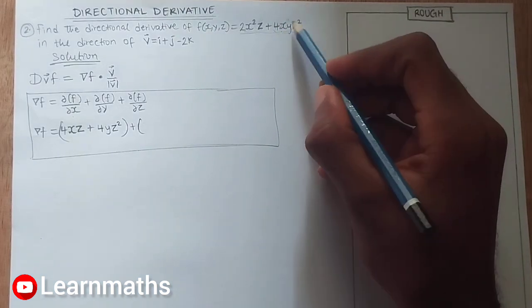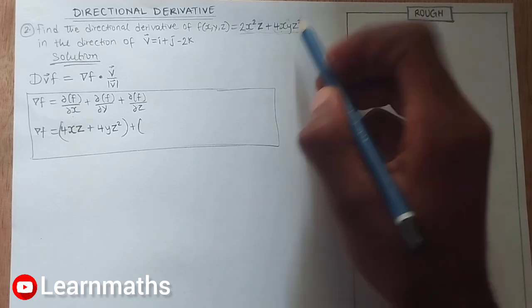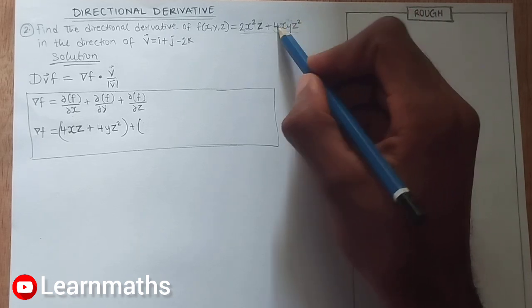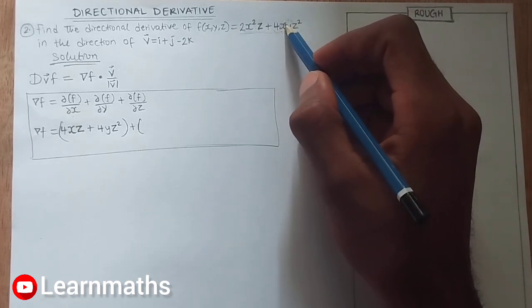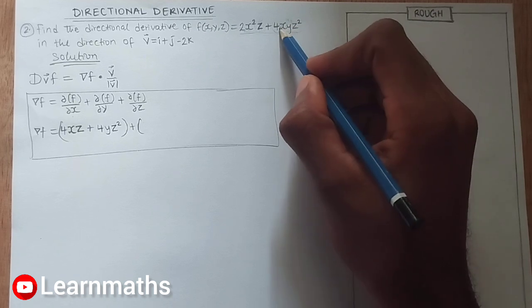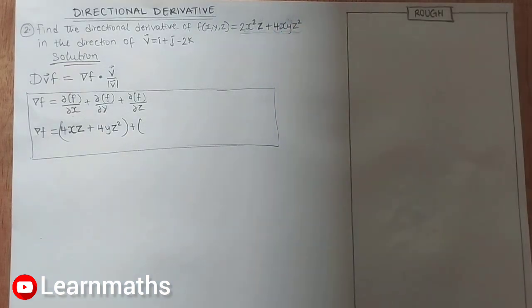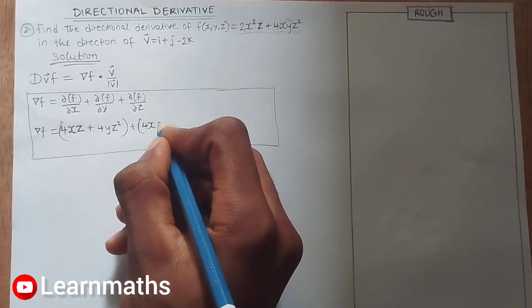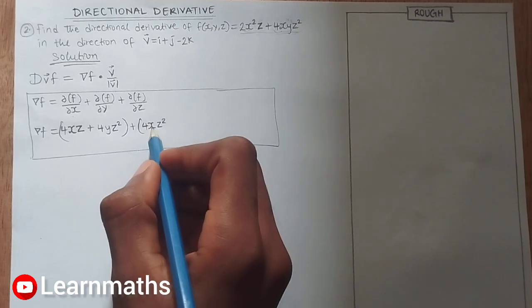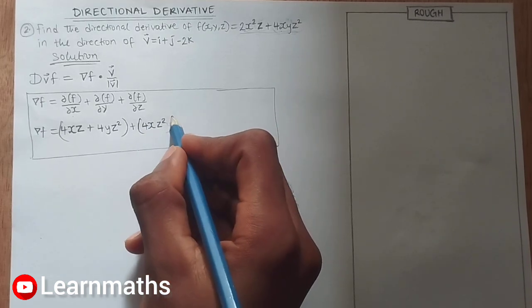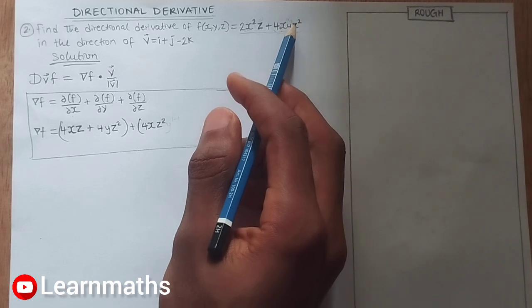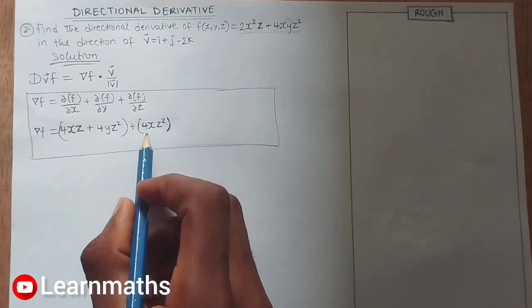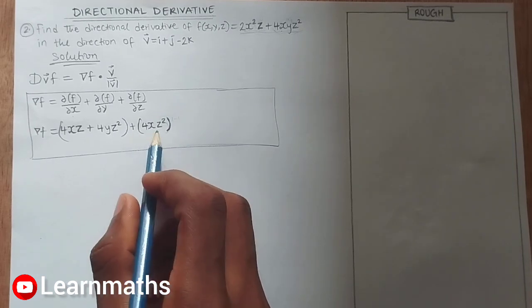You can spot the y there, and it has the power of 1 currently. So I'm going to multiply the constants, every other letter becomes a constant, with the power of 1. So it becomes 4xz squared. We reduce the power of y by 1, it becomes 0, so y is eliminated. This is the partial derivative of this function with respect to y.